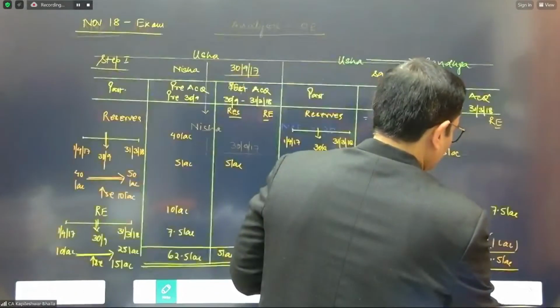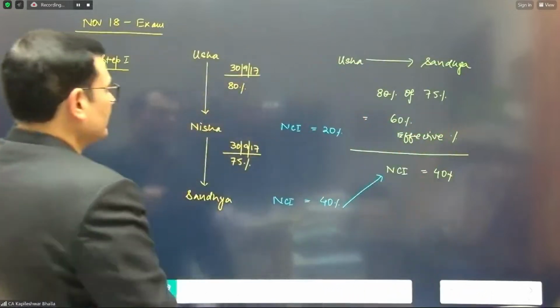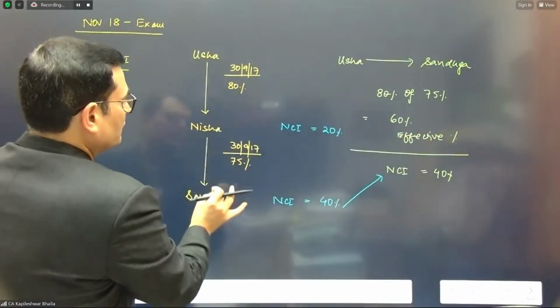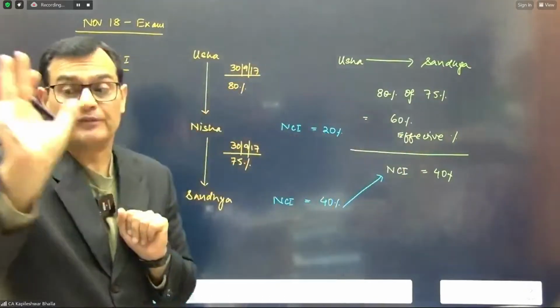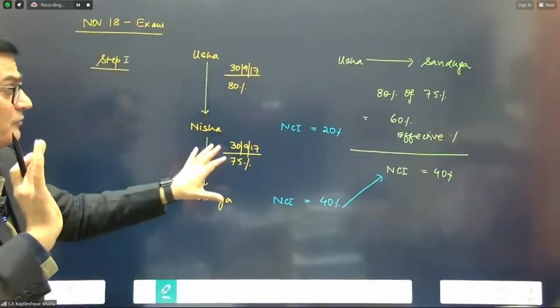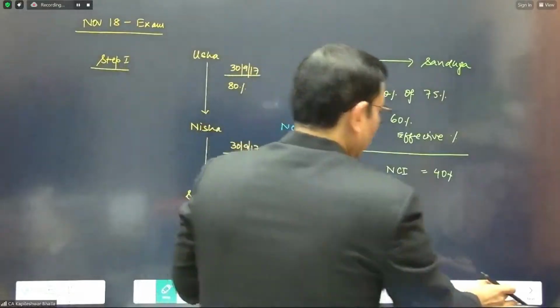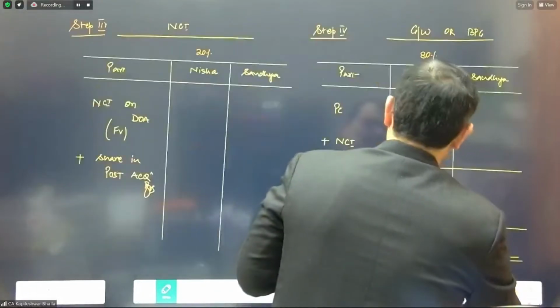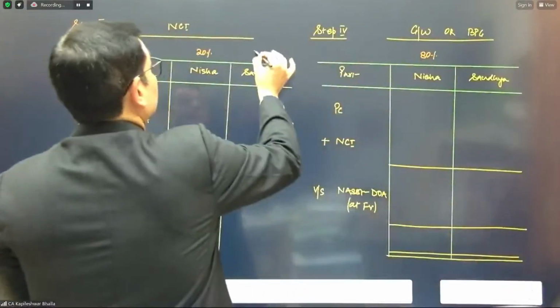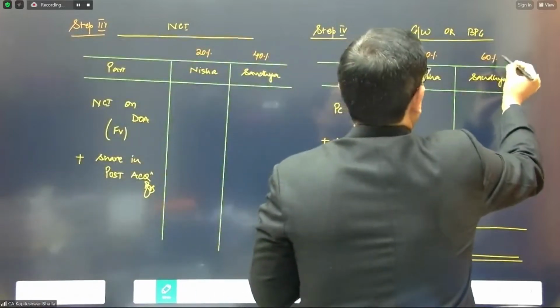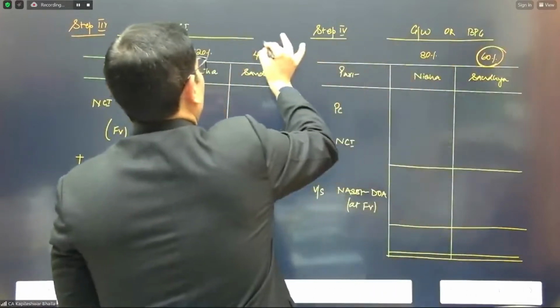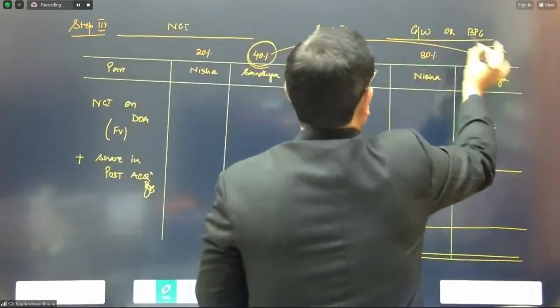Go back to step number 1 and we can see that in terms of Nisha and Sandhya, it is 60-40, not 75-25. We need 60-40. So let's go back and write down the percentage. We can say it is 40% and it is supposed to be 60. You need to get the effective percentages in this case.